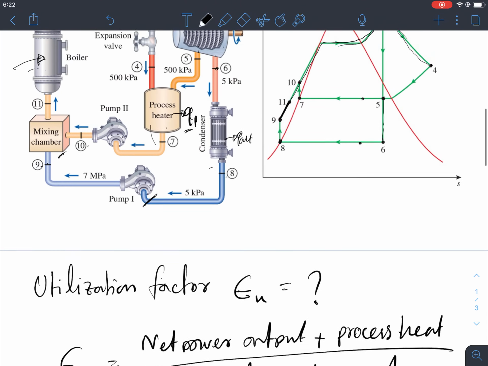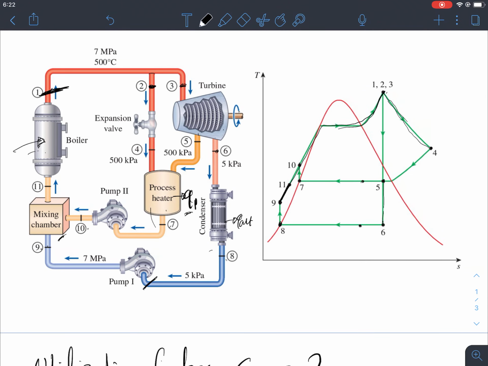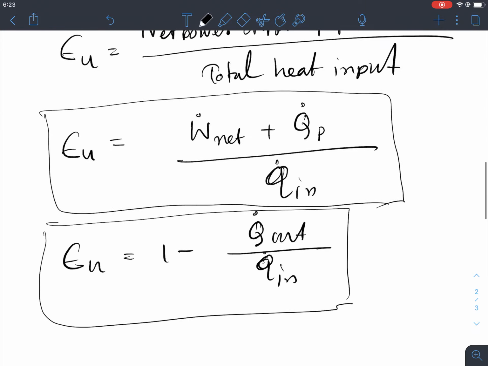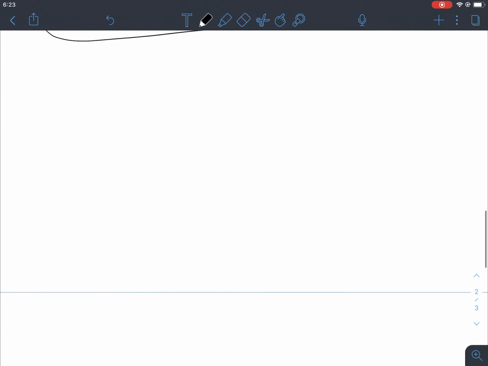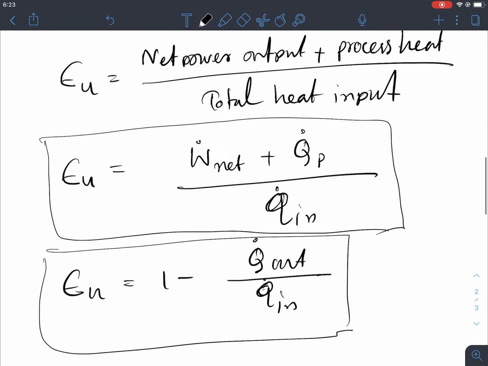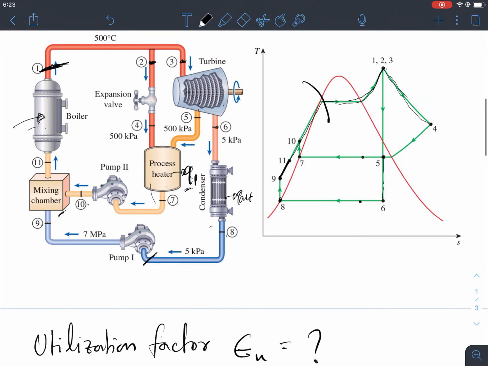So now let's take a look at the enthalpy at each individual point, and then we can determine what the Q in is, what the Q out is, and what the process heating is, right? So the first thing is that Q in equals mass times, you can see that Q in is happening right here, right? So this is the Q in, or the boiler, right?